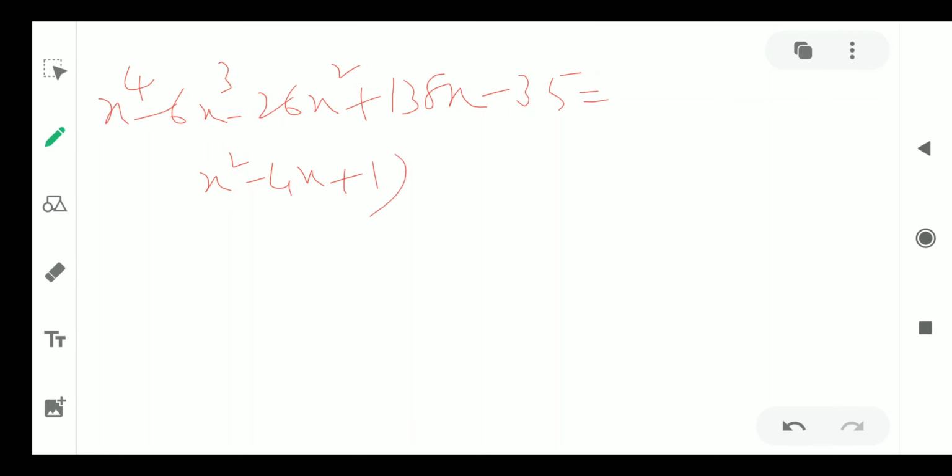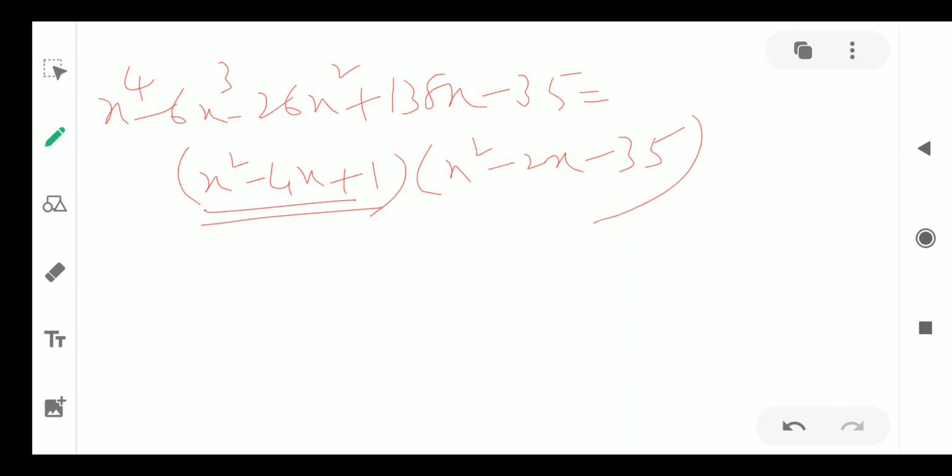Therefore we can write the given polynomial, x power 4 minus 6x cube minus 26x square plus 138x minus 35, is equal to x square minus 4x plus 1, that is the divisor, into the quotient x square minus 2x minus 35.